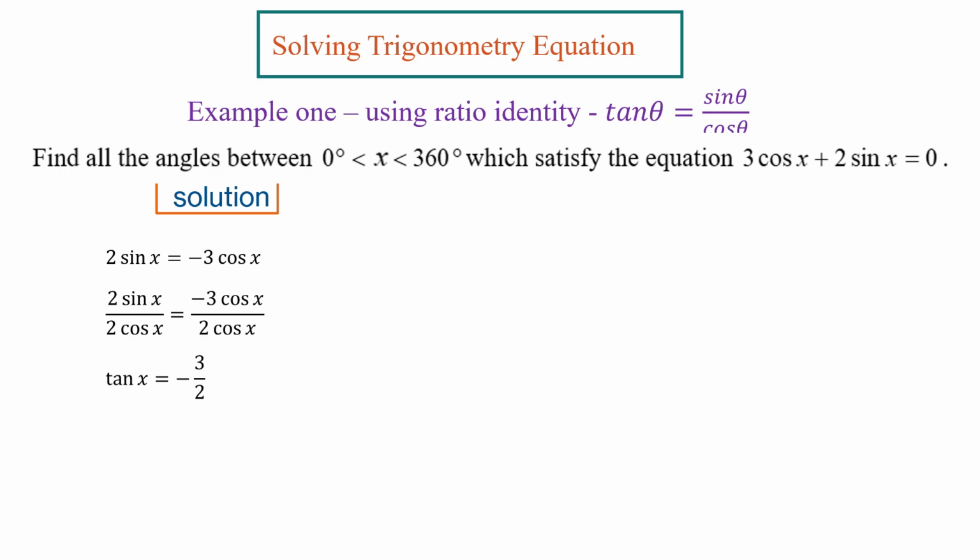What are the steps involved solving trigo equation? Yes, finding the reference angle. Finding reference angle is a very important step. So to find the reference angle, we ignore the negative sign because reference angle is an angle that's between 0 and 90. It's an acute angle. So therefore, your trigo ratio must be positive.